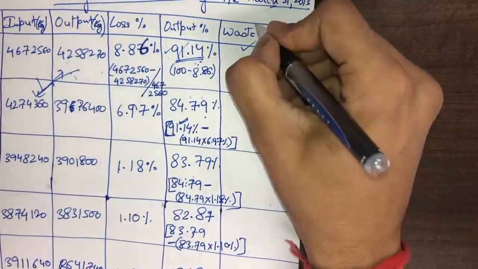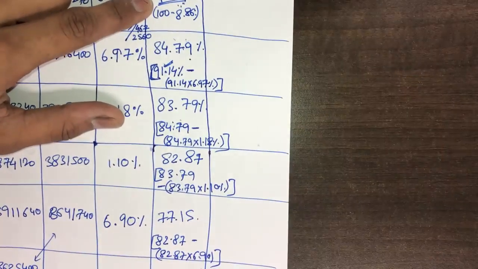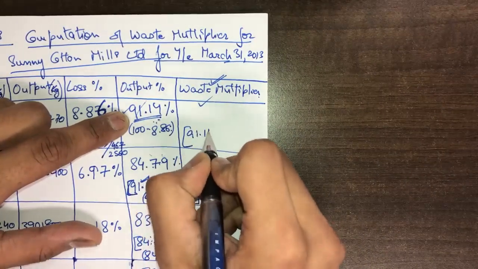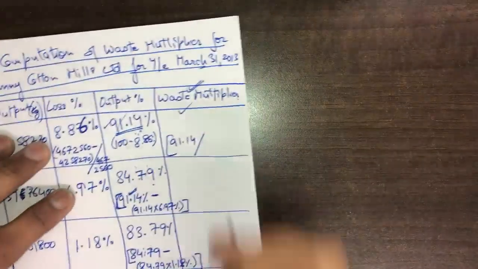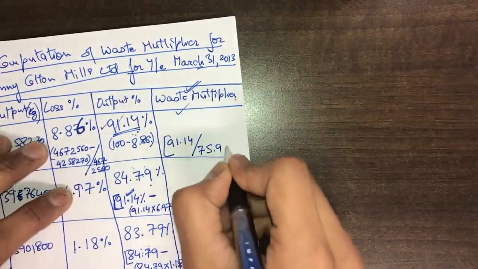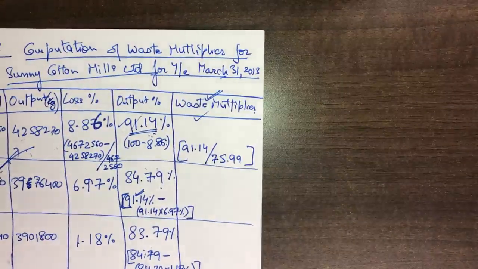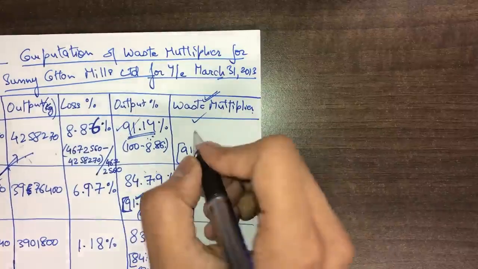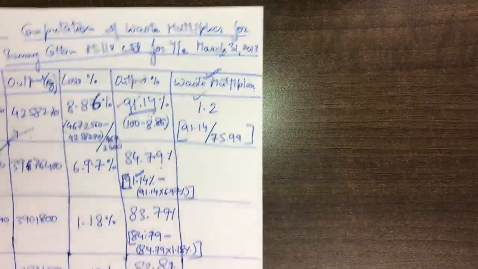Now we can easily compute the waste multiplier by dividing the output of each process with the output of the last process. So for example, the waste multiplier of the first process is 91.14 divided by 75.99, which is 1.2.